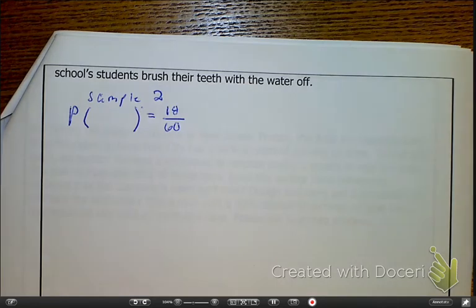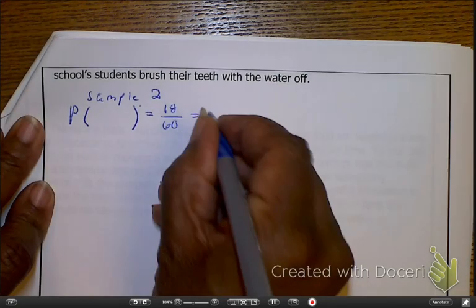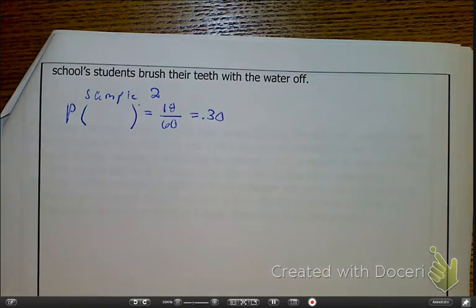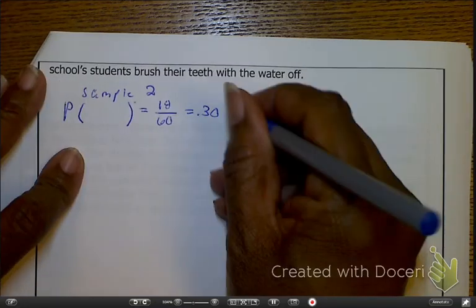That's 18 over 60, and 18 over 60 is 30%. So that's one sample, 30%. It's not likely. 30% is extremely unlikely when the true proportion for the entire population is actually 50%.